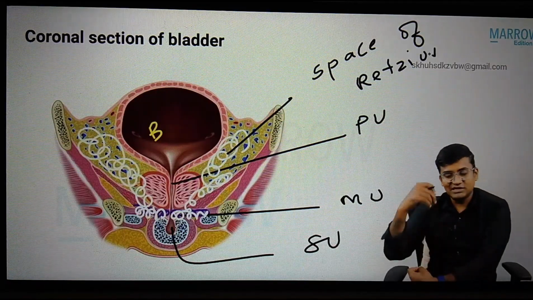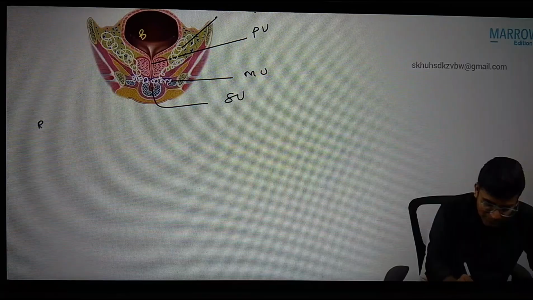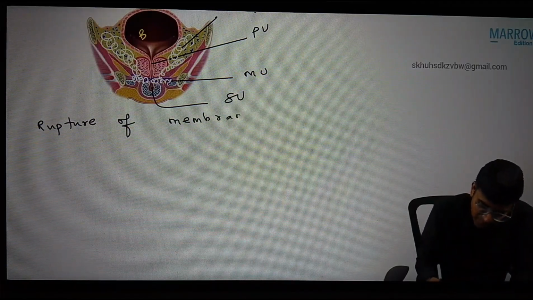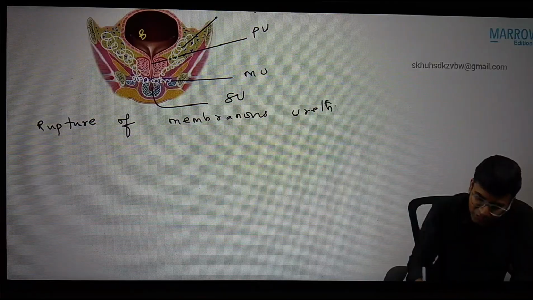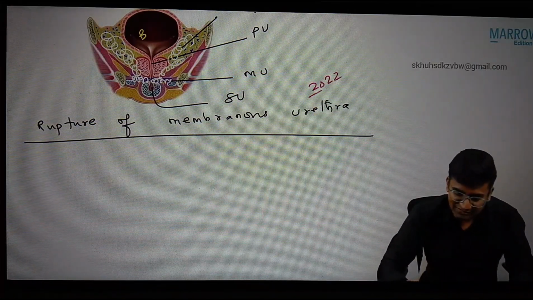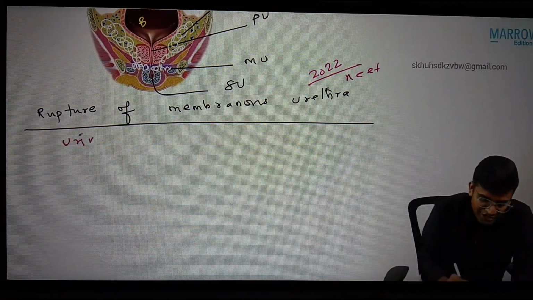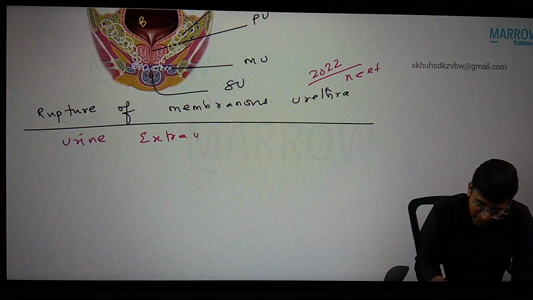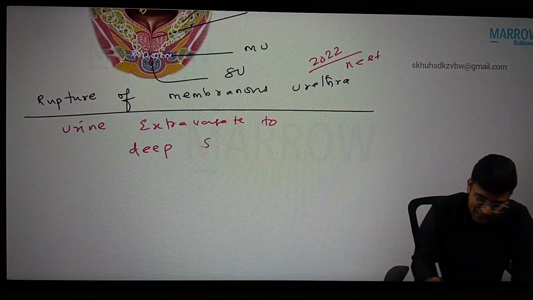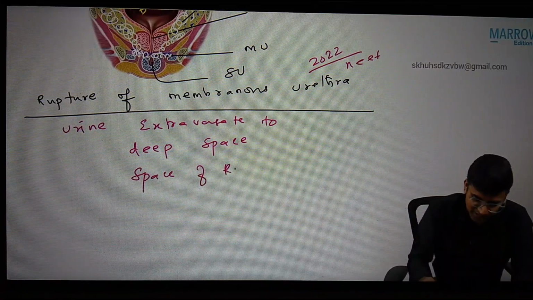So urine goes to the deep space and to the space of Retzius. Rupture of membranous urethra, I told you, is due to pelvic fractures. They gave this question in the 2022 NEET exam. Okay, right. So urine extravasates to 2 places: number 1, deep space, and number 2, space of Retzius.